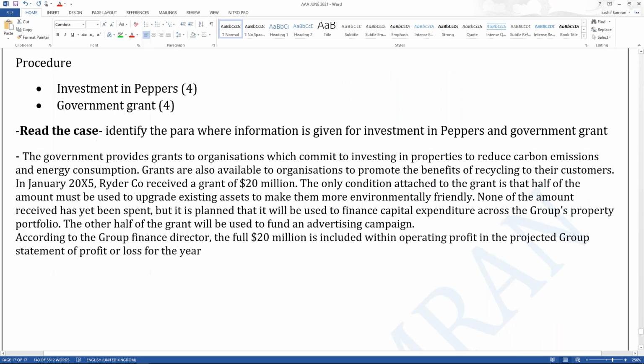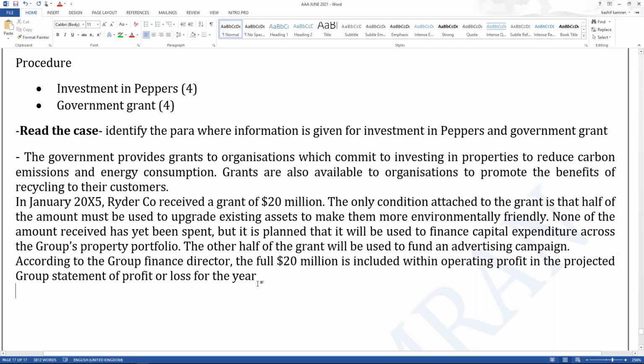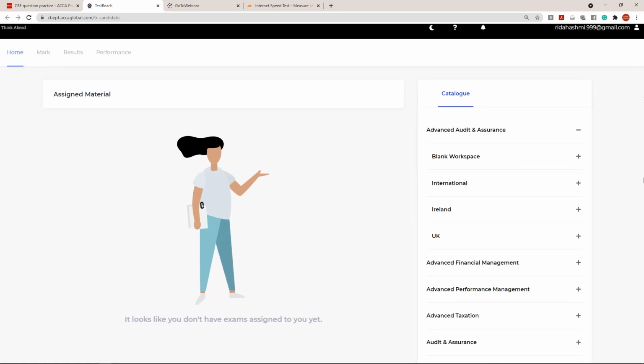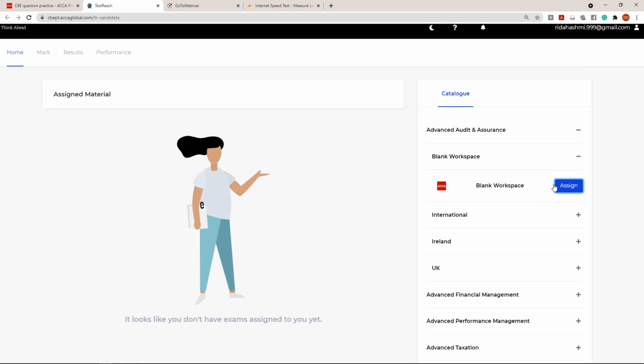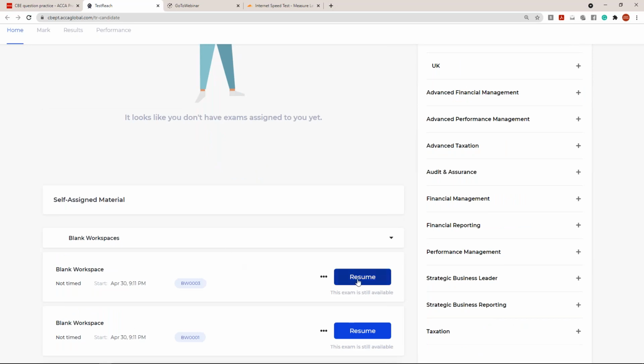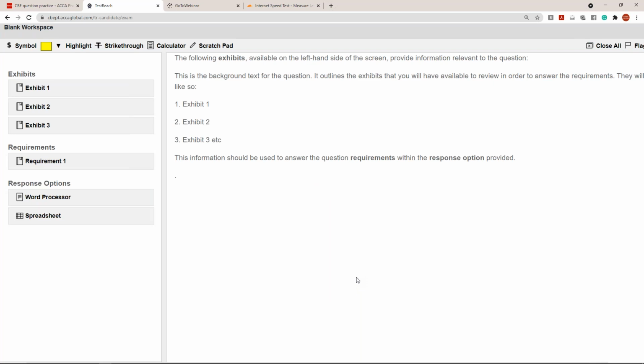Just give me 1 minute, I'll open the practice platform for you. Now I'm reading the case about the government grant, and I go back to my practice platform. I open the blank workspace because this question is not available on the practice platform. I resume my blank workspace and it appears in front of my screen.